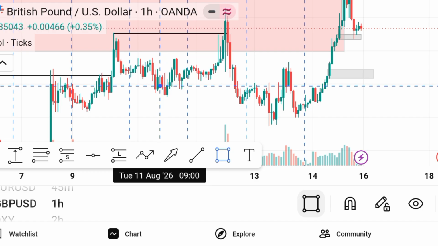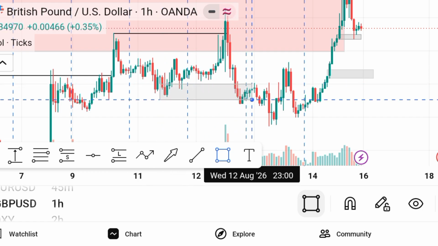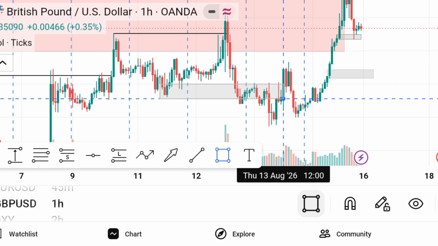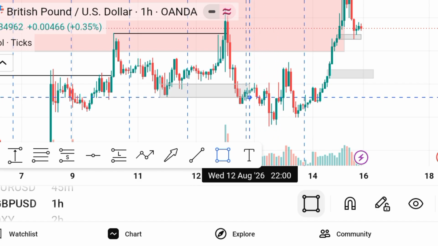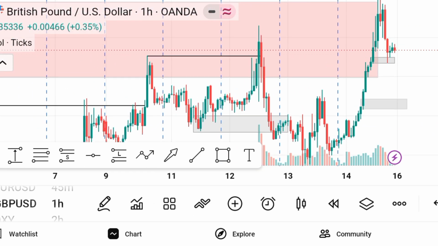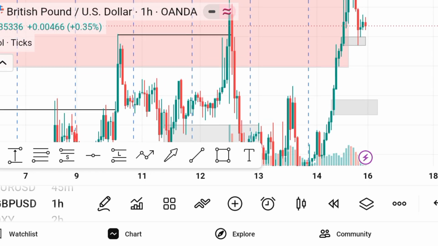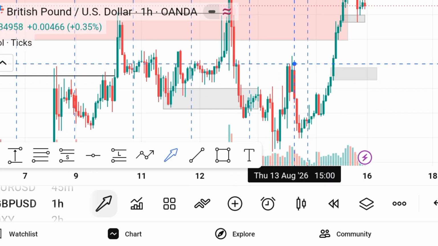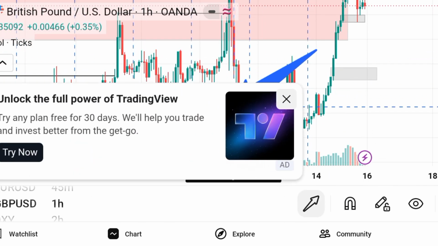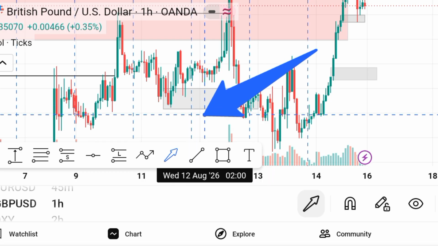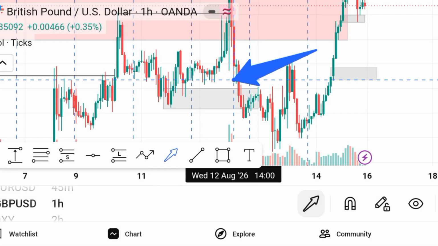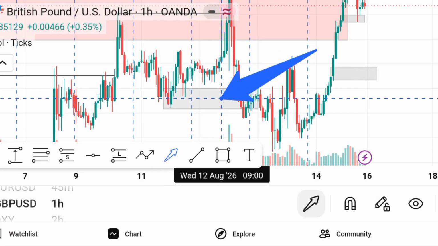Clearly, it is here. Can you see it now? This is the last order block that caused the last break of structure to the upside.